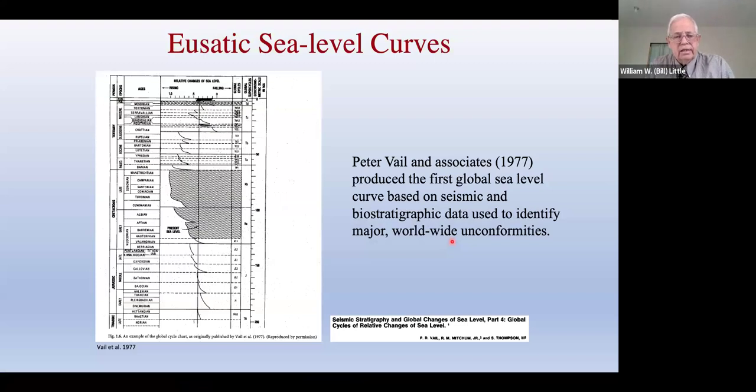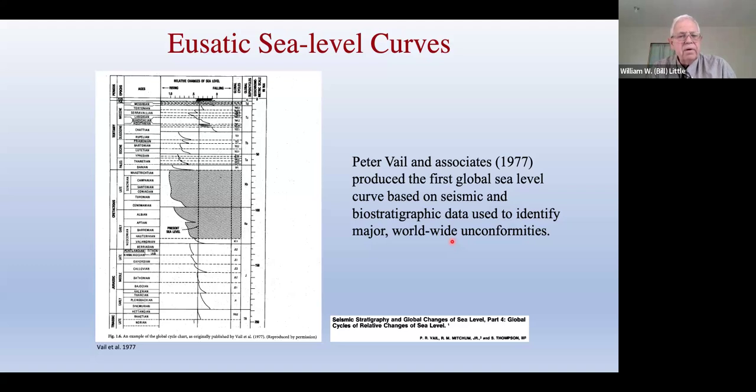Peter Vail and the people that he worked with at Exxon took this another step, and they decided to see if they could use these gaps in time, these unconformities, to identify eustatic sea level cycles, to see if we could distinguish between local and regional events and events that were on a global scale.